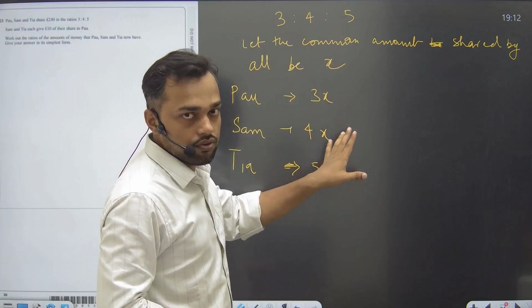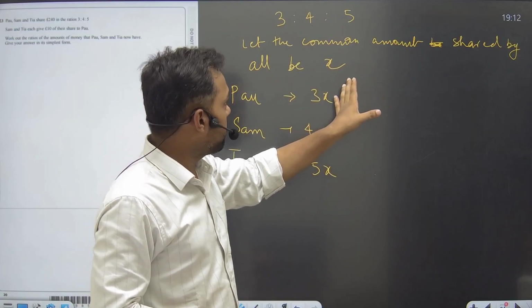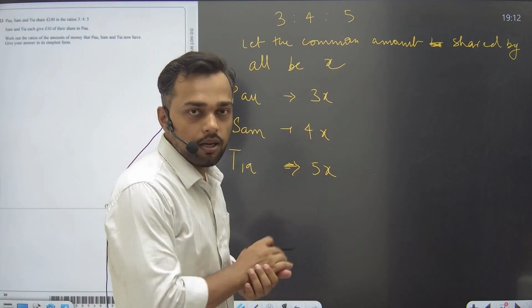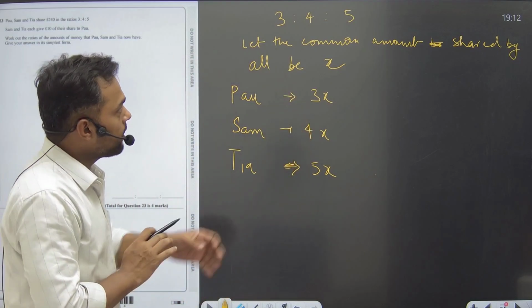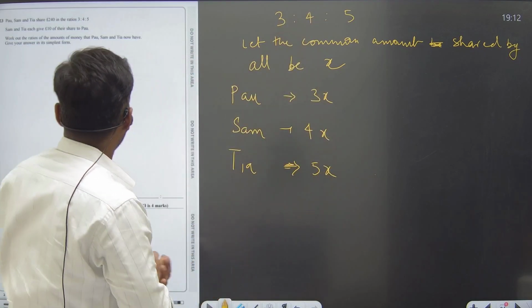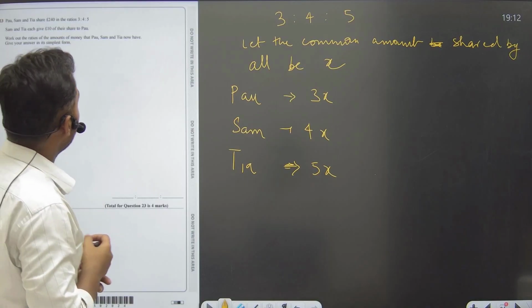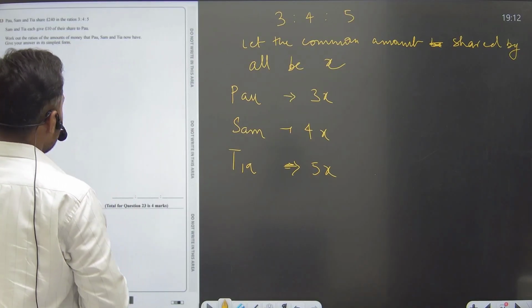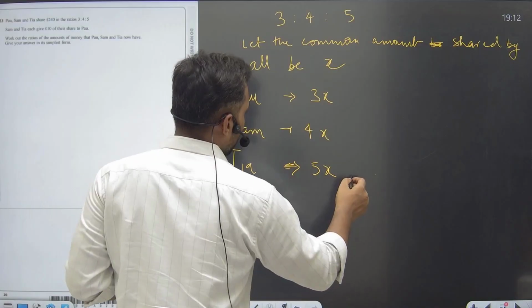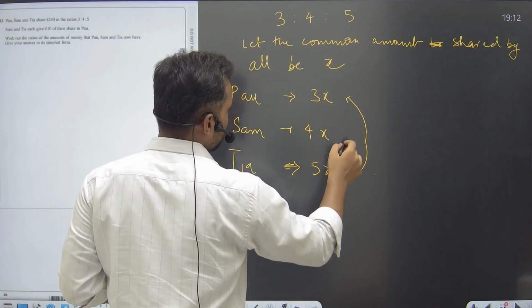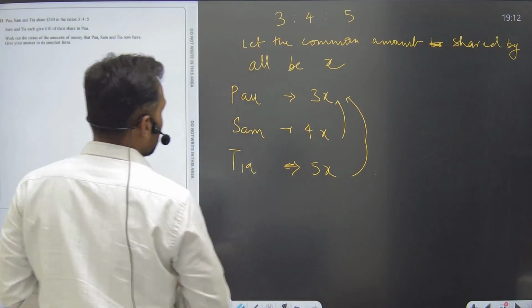Don't get confused. I have written that let x be the common amount present with all of them. This is the ratio, this is the amount with them. Now according to the question, Sam and Tia each give euro 10 of their share to Pao. Sam and Tia both are giving 10 euros to Pao.